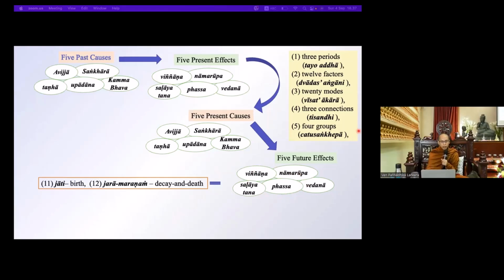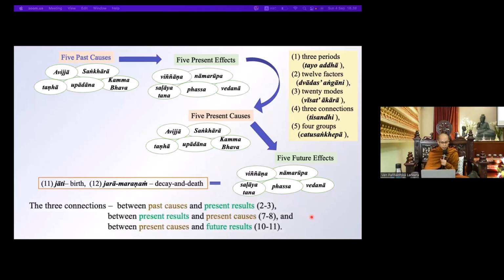So if we count it in three periods, the future is already mentioned as Jati Jara Marana, but actually Jati Jara Marana cannot arise without the reality of Vijnana, Nama Rupa, etc. If you just read the text, it will be a little complicated, but if we study in this way, it becomes clear and understandable.